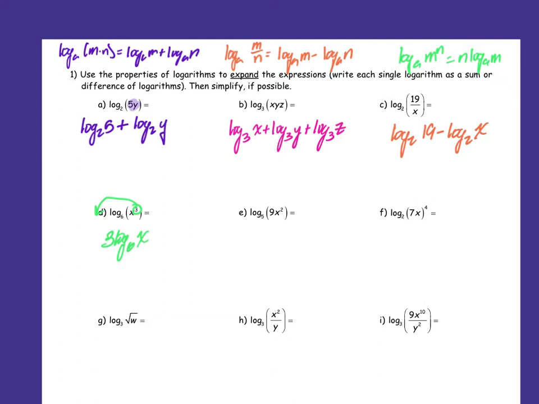So that means I'm going to use the times one. So I have to use the first rule and then the exponent rule. So I have to use log base 5 of 9 plus, and then the square is only touching the x. So that would be 2 log base 5 of x.